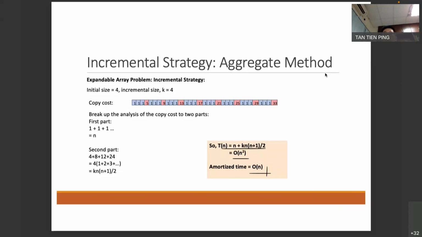So in amortized analysis, in this example, we see that most of the time the cost is constant, but there are certain times when the array is full, then we have to copy items over, right?